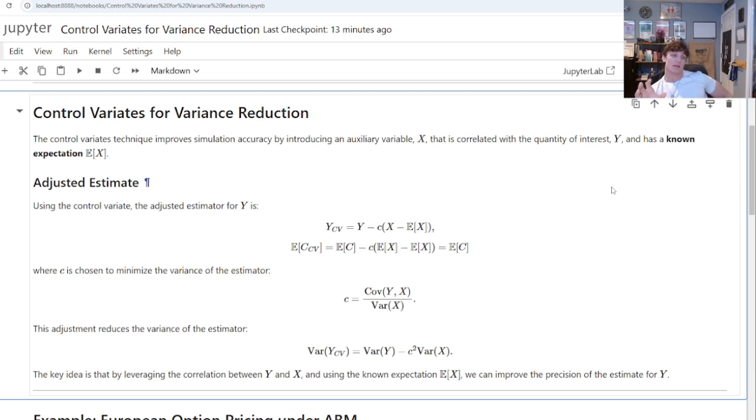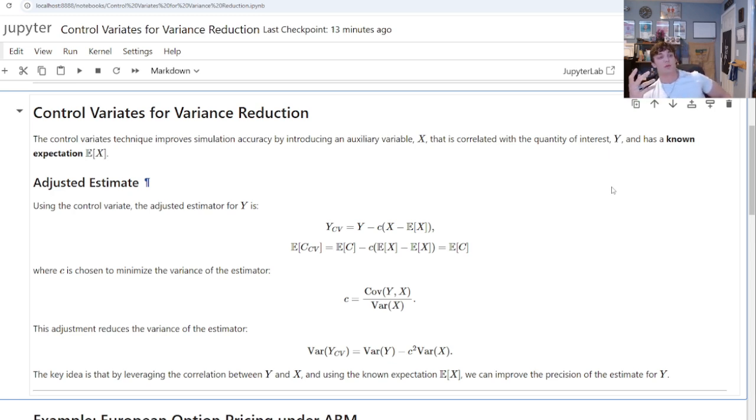In generating those price paths, we have a lot of other information available to us. We have the average price, the min price, the max price, and so on and so forth. That can be used as auxiliary information to aid in informing the final price of the option. This will be a little more clear in a moment when we get to the actual applied example, option pricing under arithmetic Brownian motion.